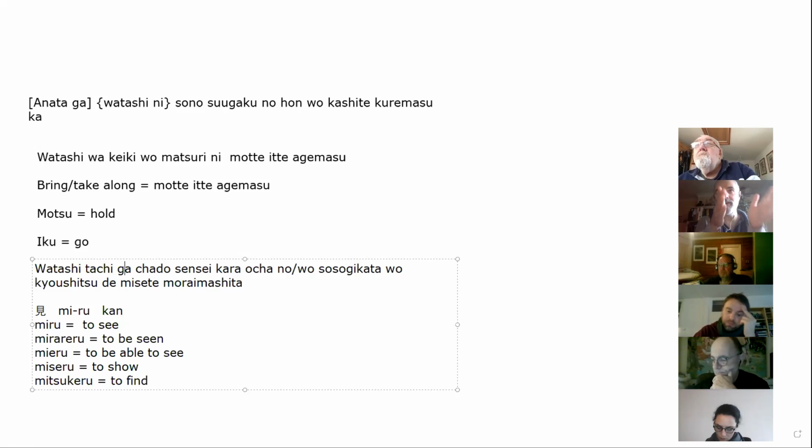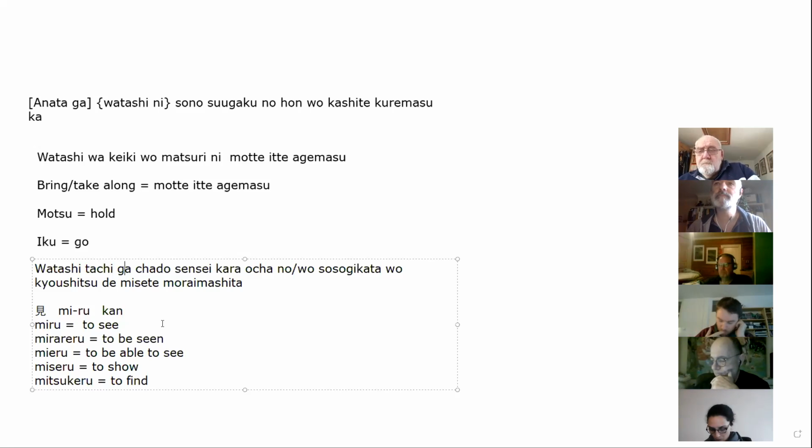You're not shining a light specifically on you guys in comparison to other people. So ga is generally better for marking the subject. It's only a general rule, there are exceptions. It doesn't matter if you use wa really in this case.